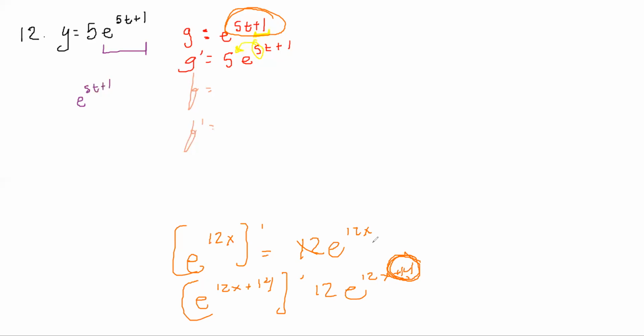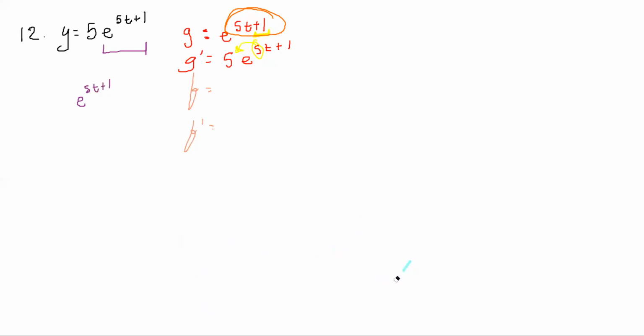Another way of explaining it maybe is saying something like this. Let's try to simplify this. In terms of rules of e, if we have e to the 5t times e to the 1, then that could be equal to e to the 5t plus 1, because that's just how multiplying powers works, right?